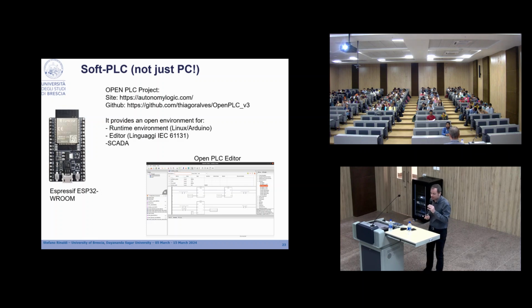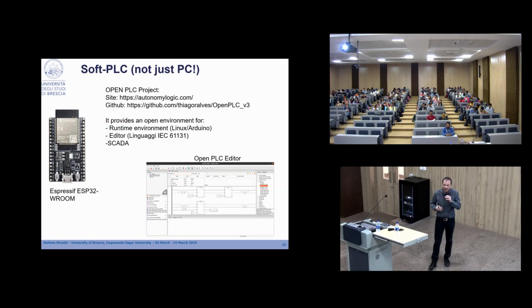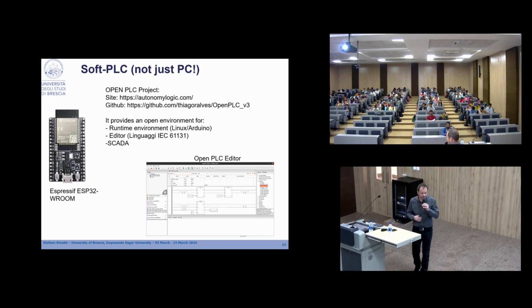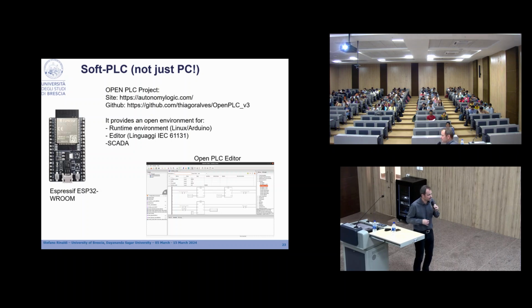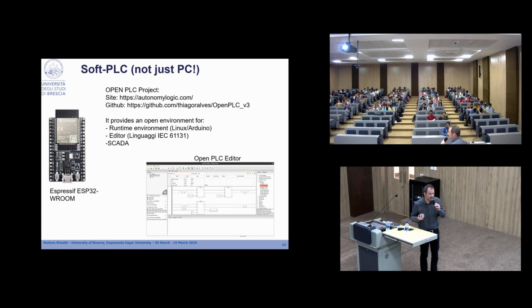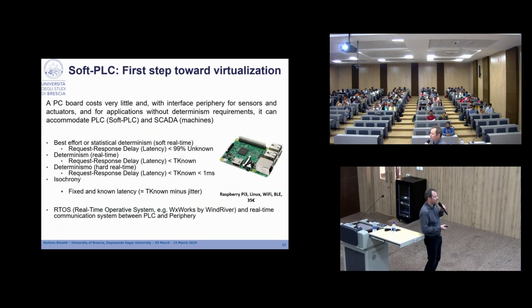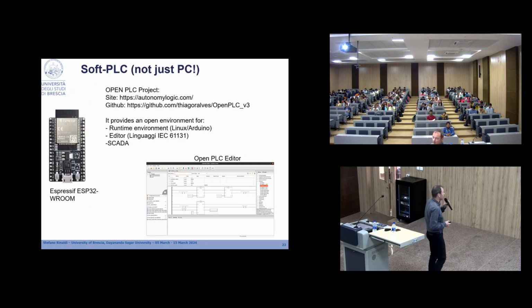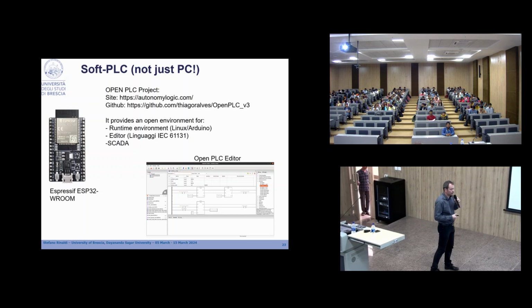Nowadays, technology is rapidly changing, and it's possible to run soft PLC applications not only on a single board computer, like the very well-known Raspberry Pi platform, but also on some kinds of microcontroller.